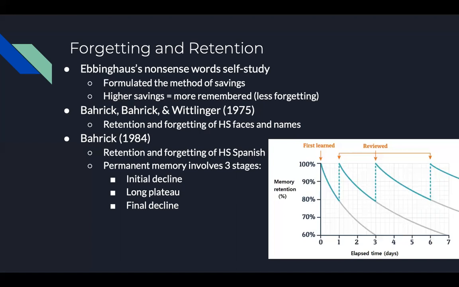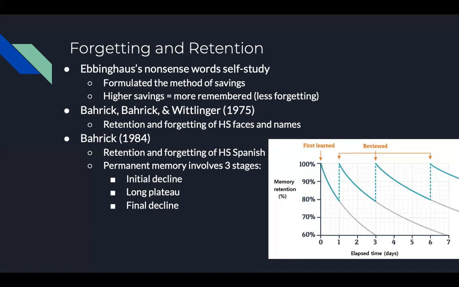He found, oh, I am retaining more and more. And so essentially, he found that the higher the percentage of savings, the more items he remembered. Or another way of thinking about this is he forgot less. And then Ebbinghaus could remember the list in less time.